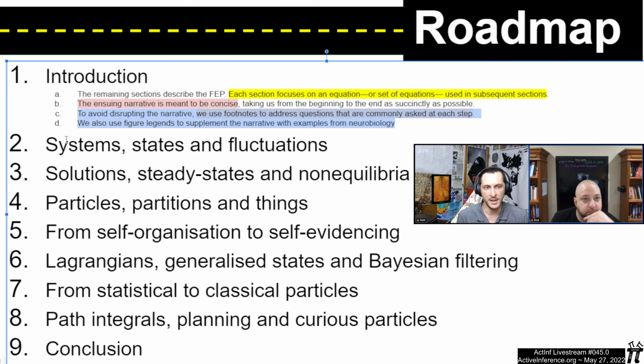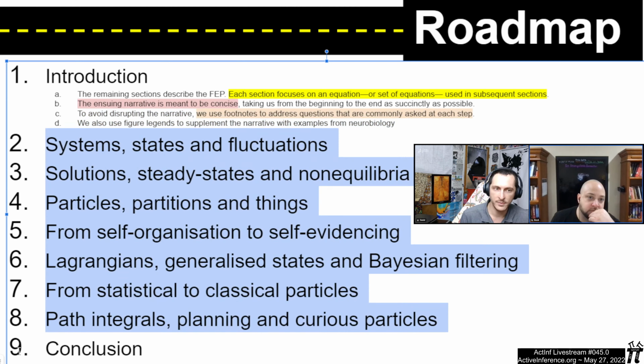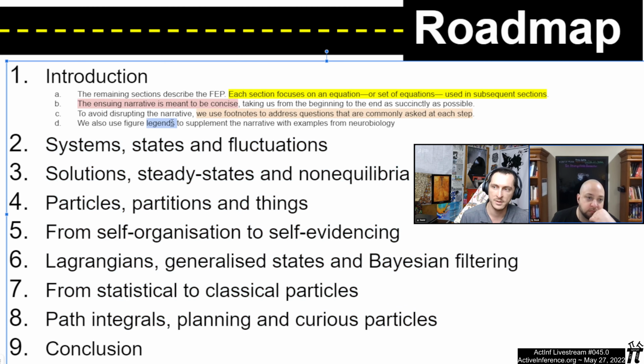So there's a main narrative thread that's going to touch on sections 2 through 8, each of these being like a single formalism or a cluster of formalisms. And then, especially in the footnotes, which are formulated as questions, and in the figure captions, which are sometimes quite lengthy and include examples and citations, more of the biological details and inspiration are added.